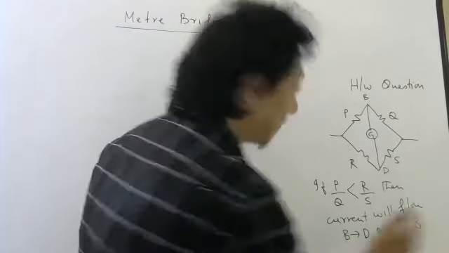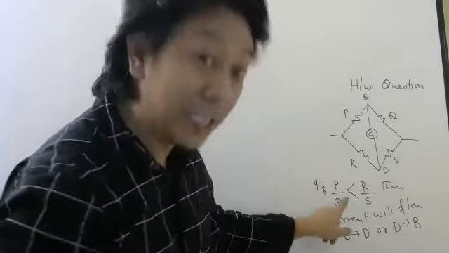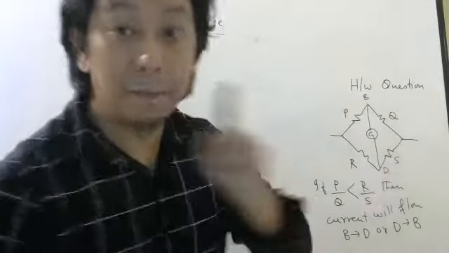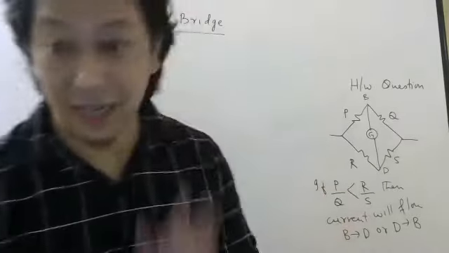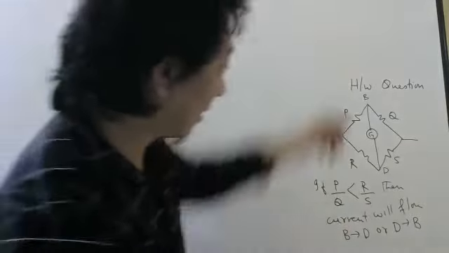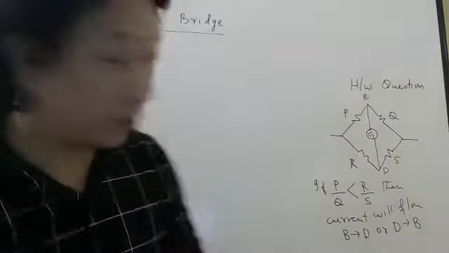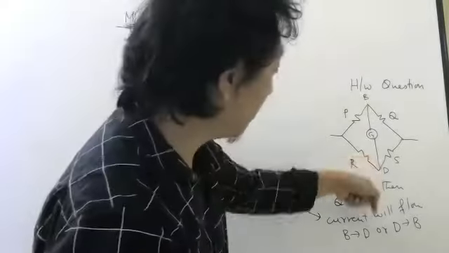That you have to find. When P by Q is equal to R by S, we know no current will flow here. But if P by Q is less than R by S, then current will flow. The question is, this way or that way in the galvanometer? Will it flow B to D or D to B?